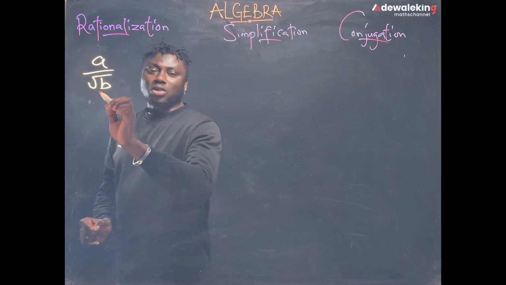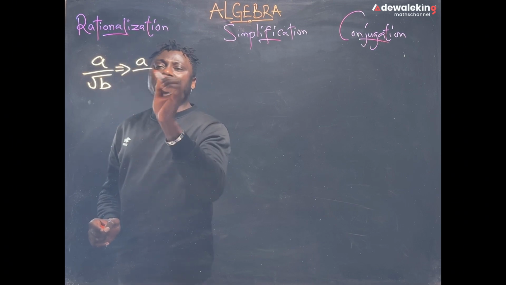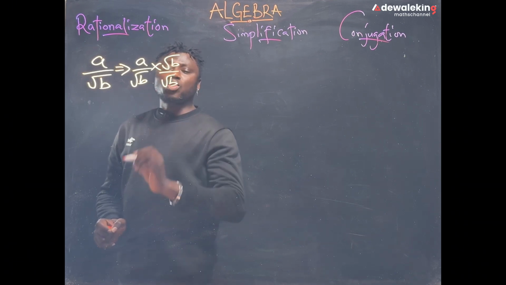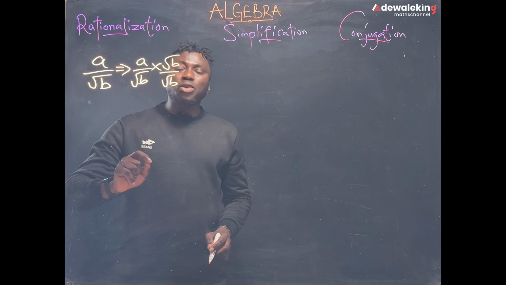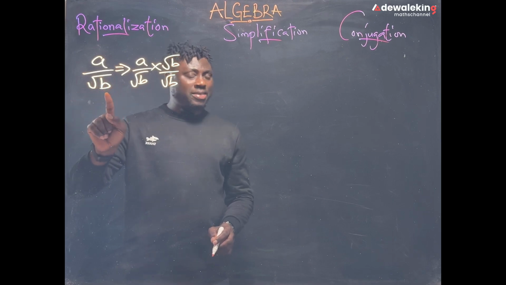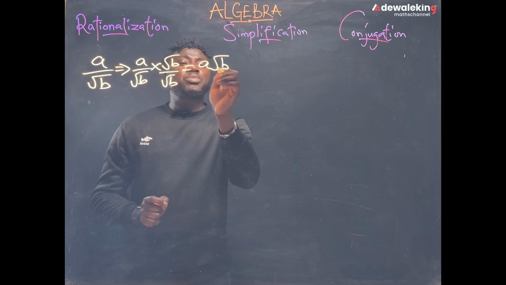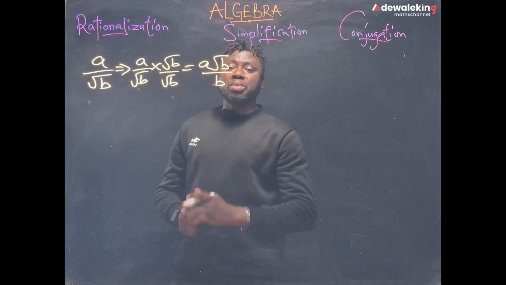And it is irrational. So to rationalize it, we say a over root b times root b over root b. We multiply the numerator and the denominator by the root of b. So the answer will be a root b over b, because root b times root b is equal to b.